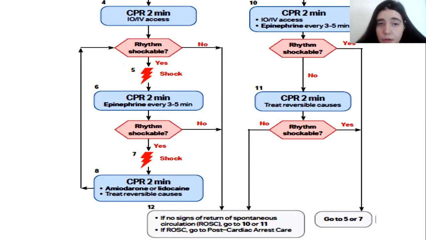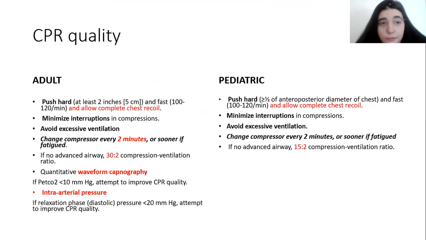If it's shockable, then give epinephrine every 3 to 5 minutes. If it's still shockable, give amiodarone or lidocaine and treat reversible causes. If it's pulseless electrical activity or asystole, start first with epinephrine every 3 to 5 minutes. If it's not a shockable rhythm, continue CPR, and every 2 minutes check for the rhythm and pulse. Okay?